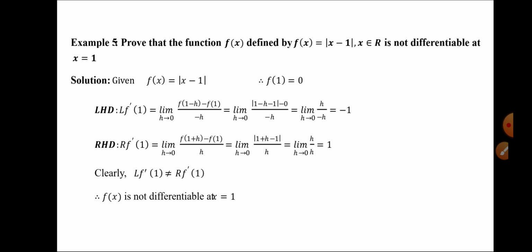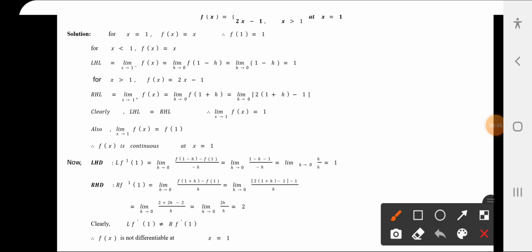Discuss the continuity and differentiability of the function f of x equal to x when x is between 0 and 1, and 2x minus 1 when x is greater than 1, at x equal to 1. You observe that the left hand derivative is 1 and the right hand derivative is 2.